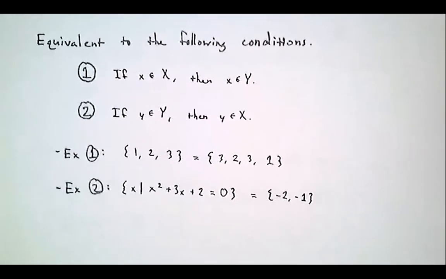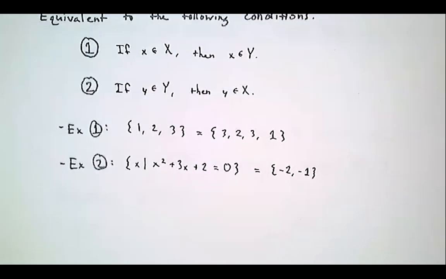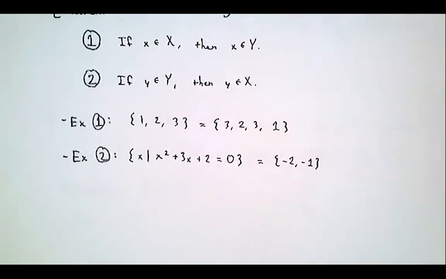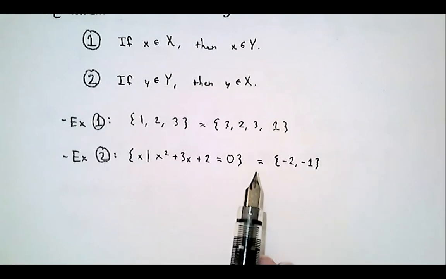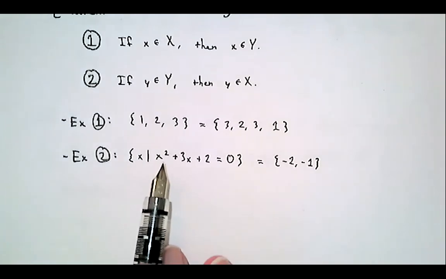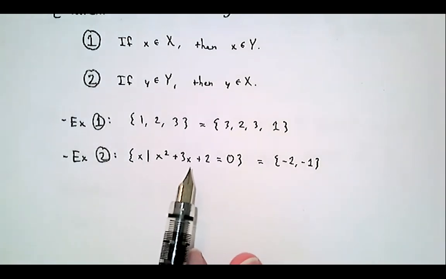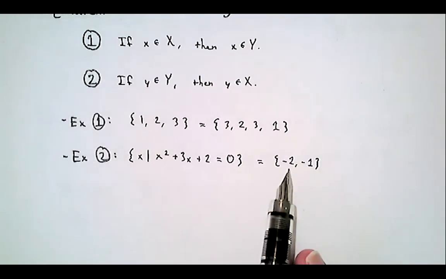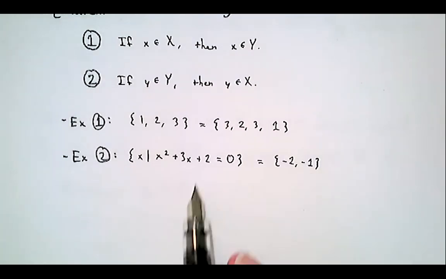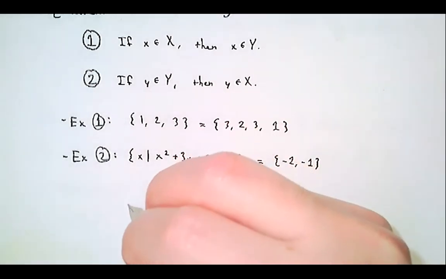And this gives us another opportunity to practice our algebra skills. In order to check that this is true, we have to make sure that the numbers satisfying this equation are actually -2 and -1. So let's come down here and see if we can factor this out.